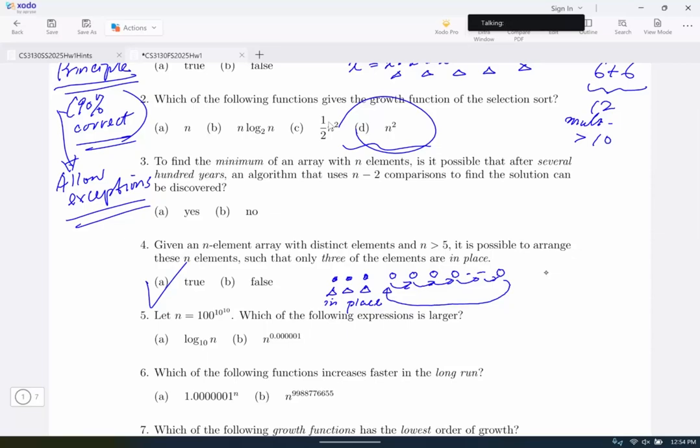You do that rotation, one position, any direction, shift to left, shift to right. All elements are out of place. Very easy.